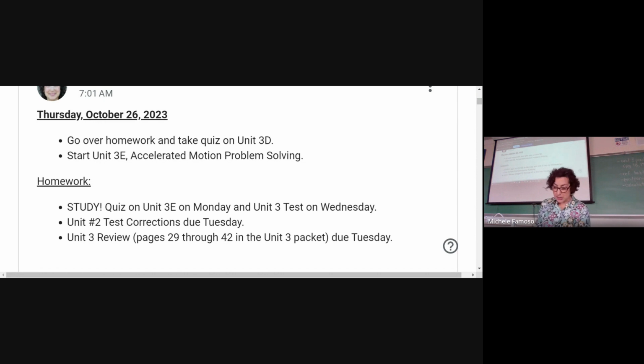The equation is a equals y2 minus y1 over x2 minus x1. So now I do my substitution with units, which is negative 5.0 meters per second minus positive 3.0 meters per second, all over 13.0 seconds minus 5.0 seconds.